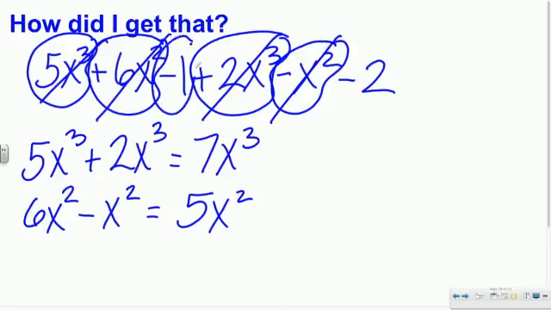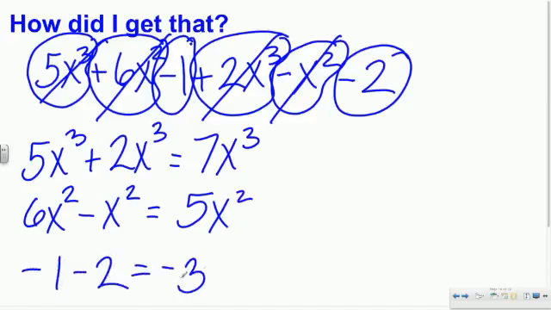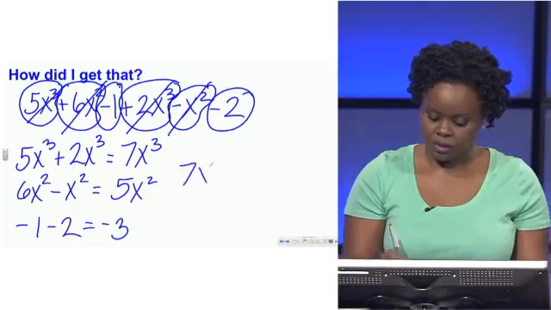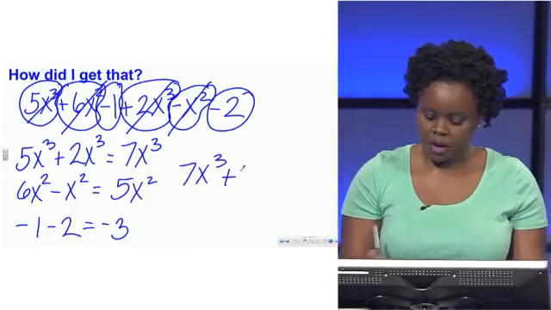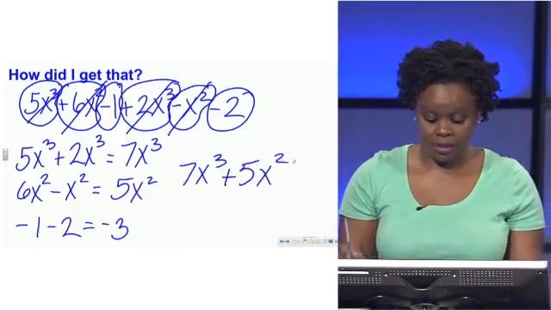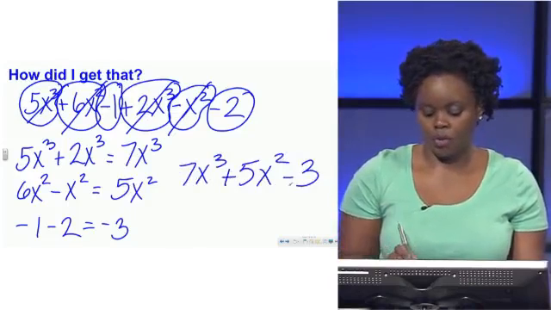So I have this negative 1 and that negative 2. Negative 1 minus 2, that's negative 3. So now you're at the part where we can put each of our little individual chunks together and write our final answer in standard form. So 7x cubed plus 5x squared minus 3. And you are all done.